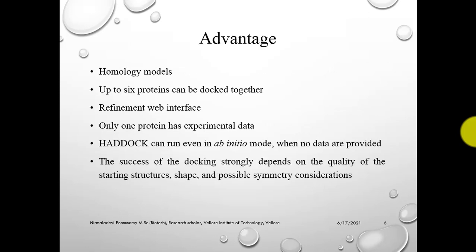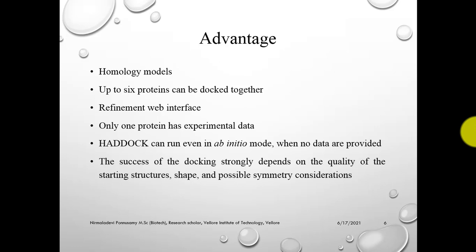And what are the advantages of doing this? Homology models, and up to 6 proteins can be docked together, and the refinement of the web interfaces. Only one protein needs experimental data. If you are doing docking, only one protein needs experimental data to compare it.